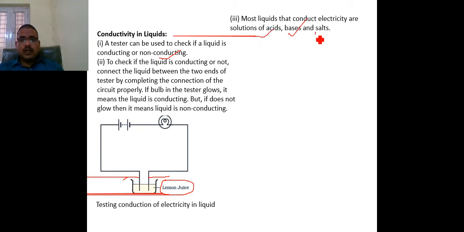Any kind of liquid which may be acidic, basic, or a salt form, these are the solutions or liquids which conduct electricity, and that's why these liquids are called conductors of electricity.